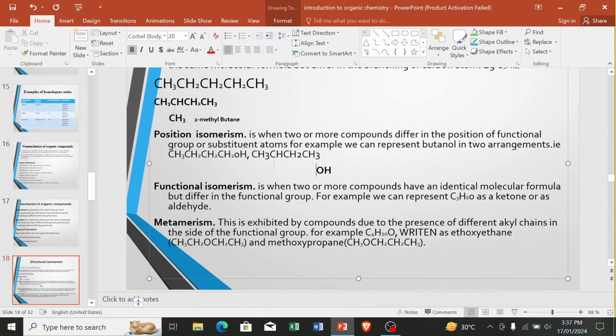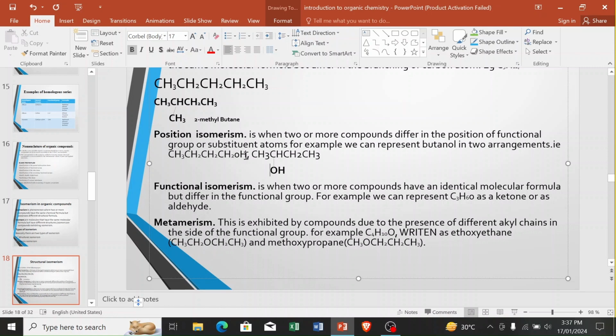So these are two compounds, and we can name them. This is butanol: but, and then OL.